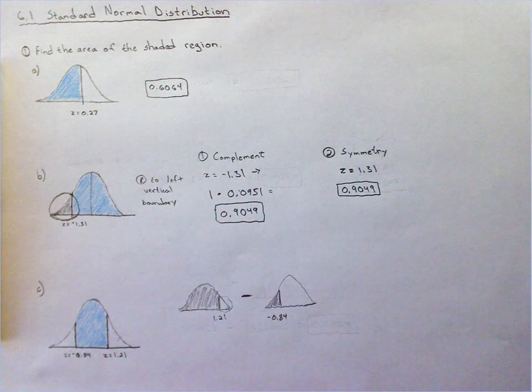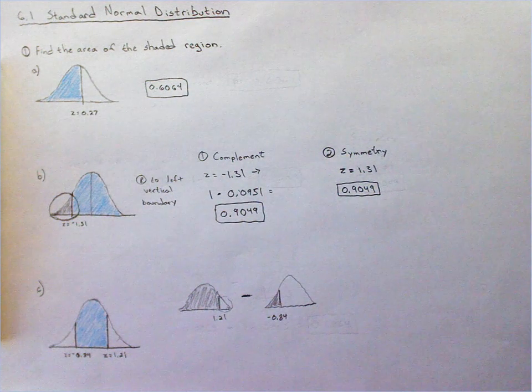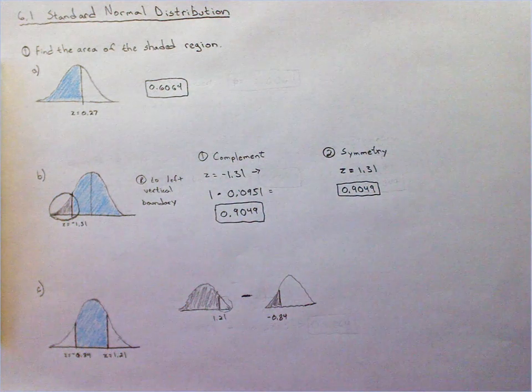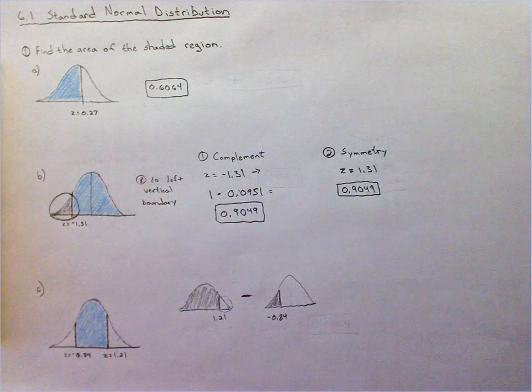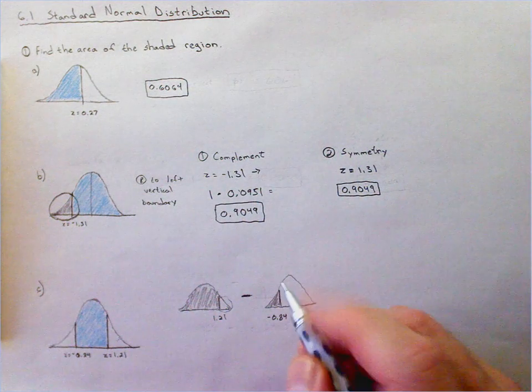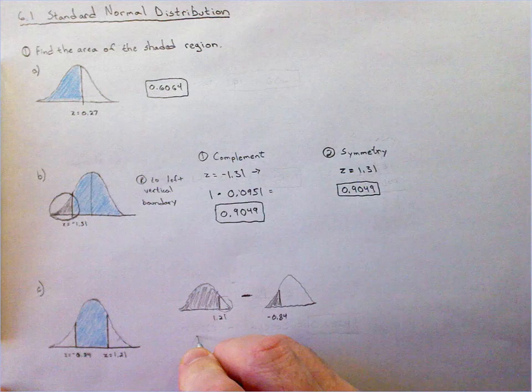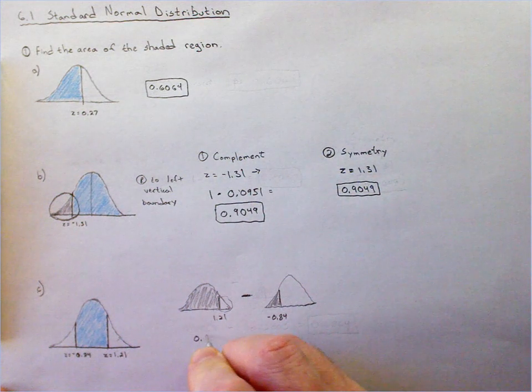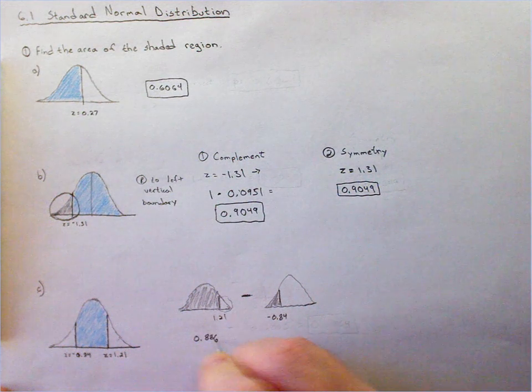That's why I'm going to find it and then subtract it from there. So I have to look up two z-scores. I'm going to first look up the z-score 1.21 and see what I have. I'll just do that to the side: 0.8869.